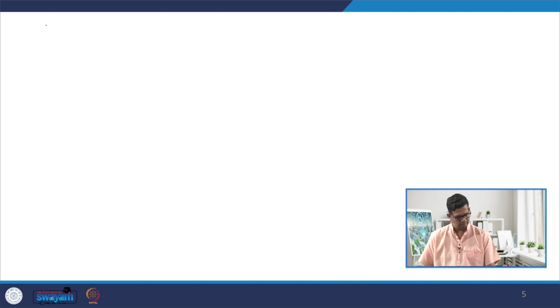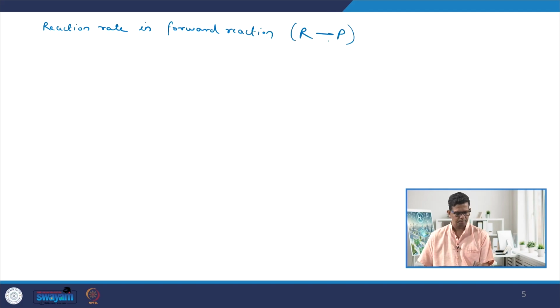So let me take the example of the forward reaction. Let us write about the reaction rate in the forward reaction, wherein R goes to P. That is given by V1 equals C R star F1 e to the power minus delta G star by RT.